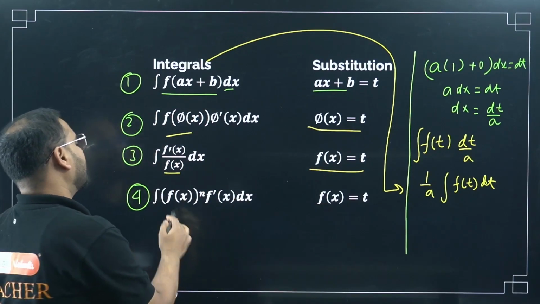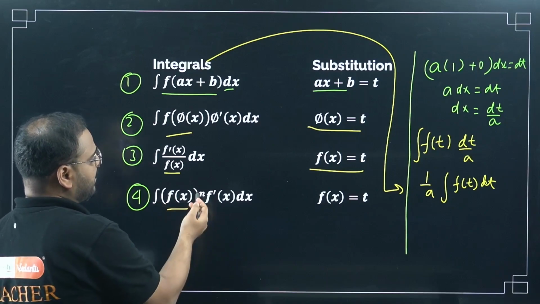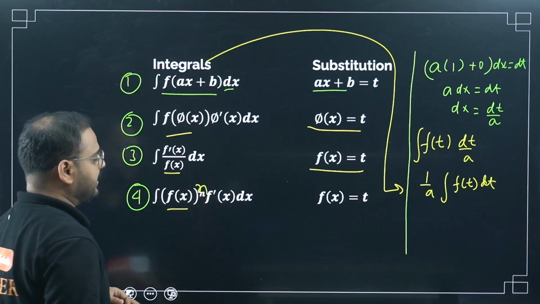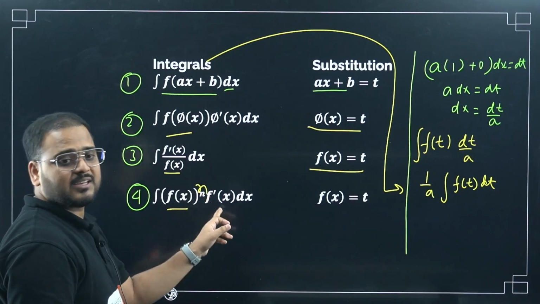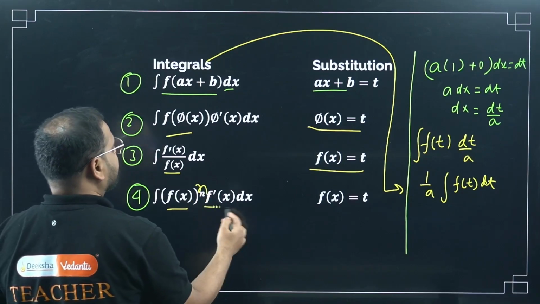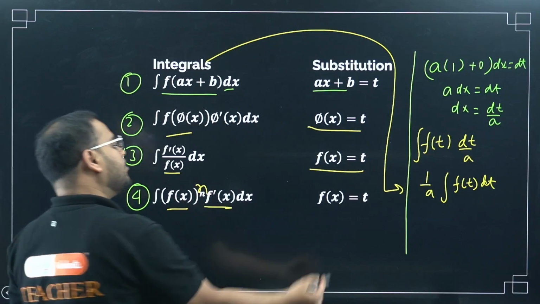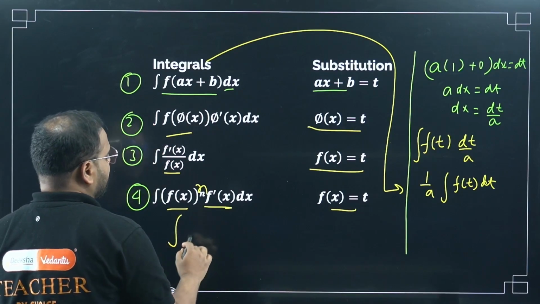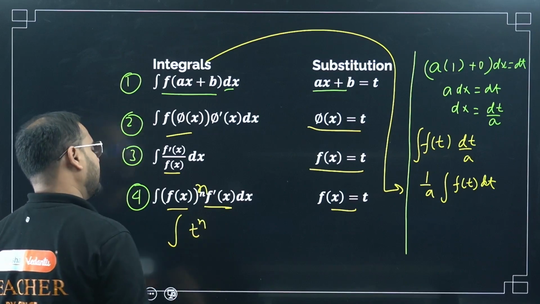Over here also, function to the power n is there. This is power n. I get the derivative of the function, f dash of x, also. Again, you are going to take f of x as t. What will this become? Please check. It will become t power n dt.